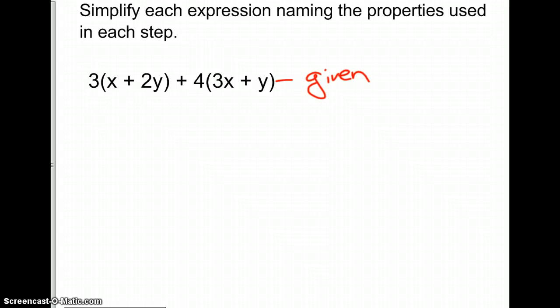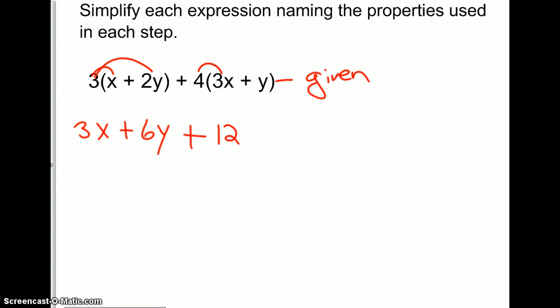So now we want to go ahead and distribute 3 through to the x, and it becomes 3x plus 6y plus, we'll take the 4 and distribute it through to the 3x, that's 12x. And we end up with 4y. At this point, we use the distributive property.